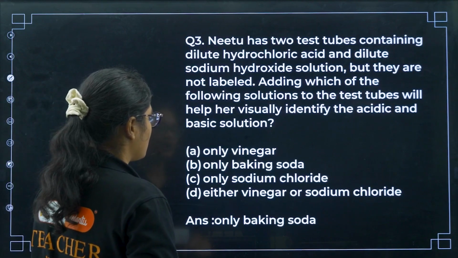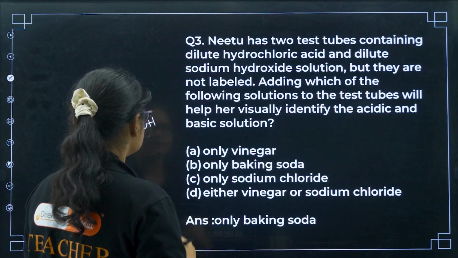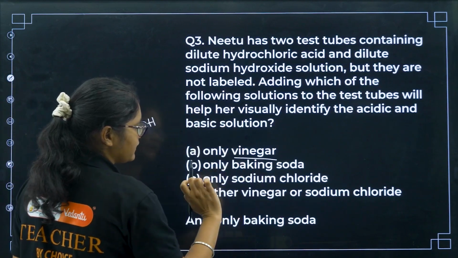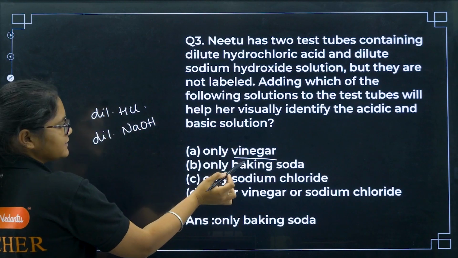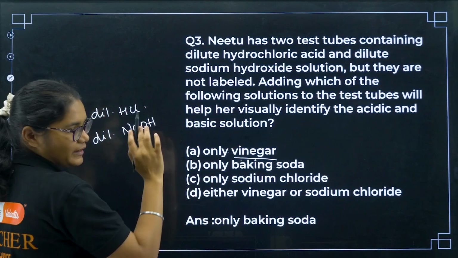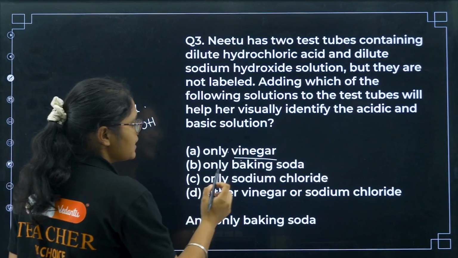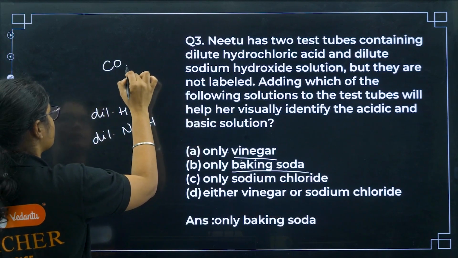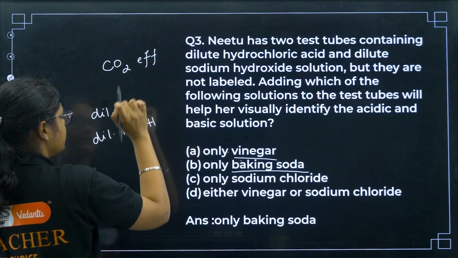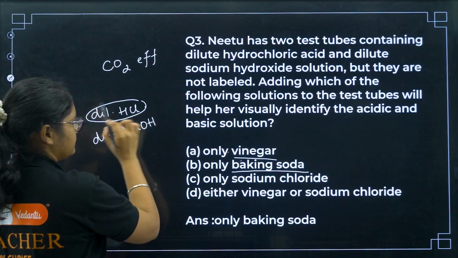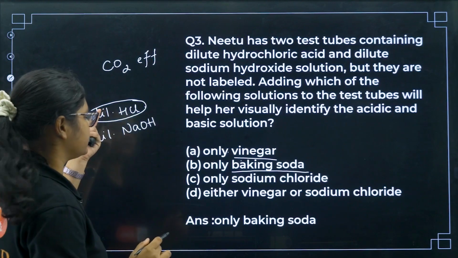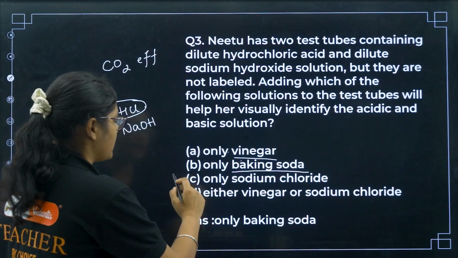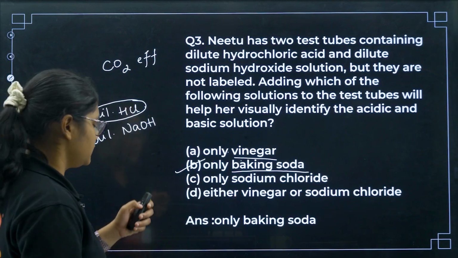If you add vinegar, which is an acid, to an acid, there won't be any reaction. But if you add baking soda, you will get carbon dioxide effervescence with the acid. So you can easily identify the acid, and the other one will definitely be the base. So the correct answer here is option B.